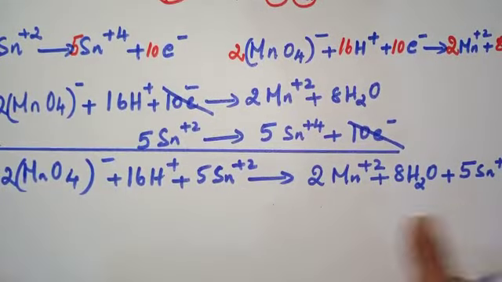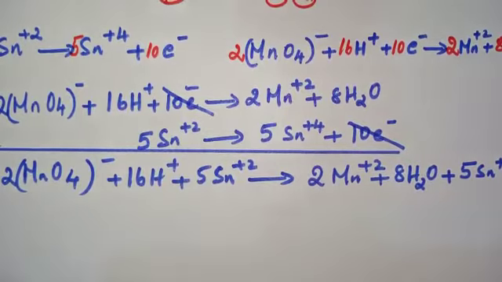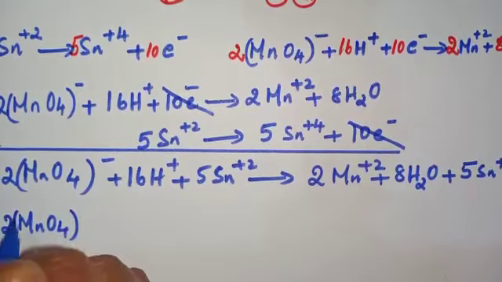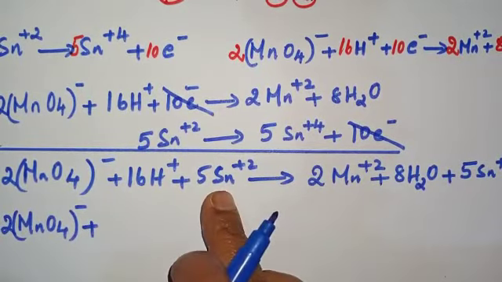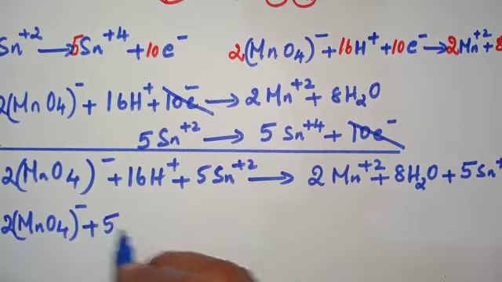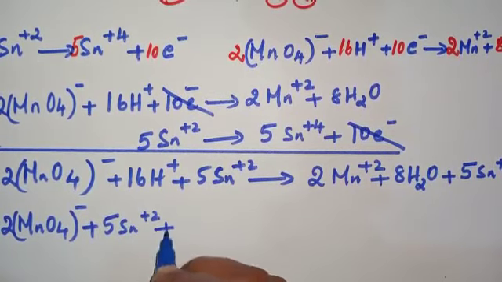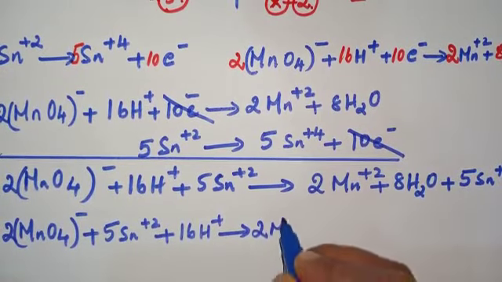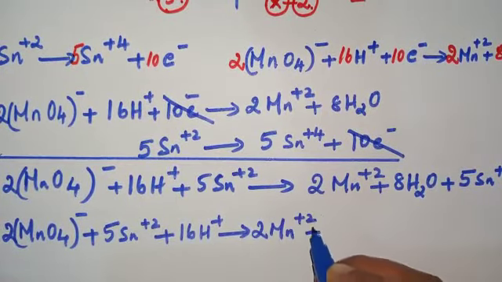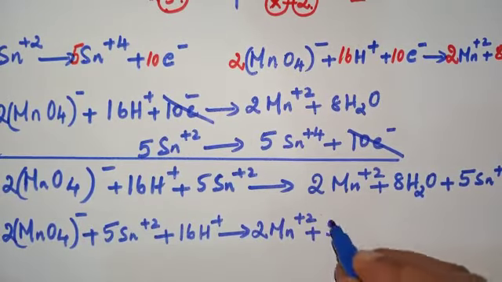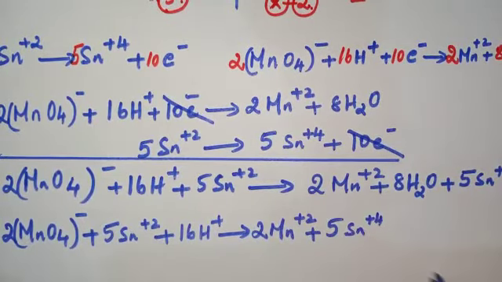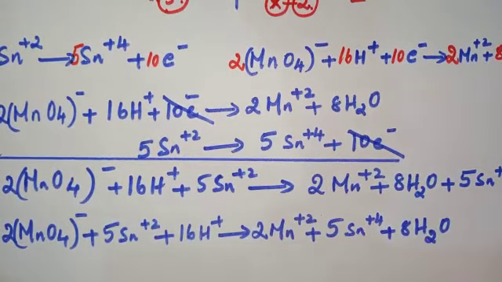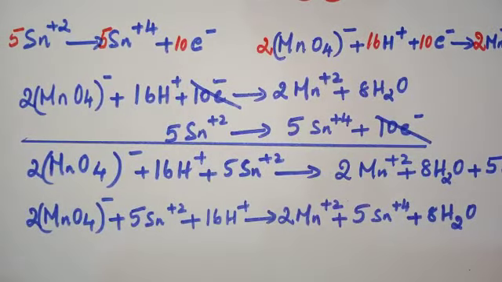Let me rearrange this balanced equation. First I write 2 MnO4− ion plus 5 Sn2+ tin ion plus 16 H+ ion gives 2 Mn2+ plus 5 Sn4+ tin ion plus 8 water molecules. So this is the balanced redox reaction.